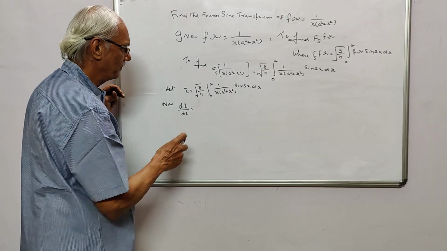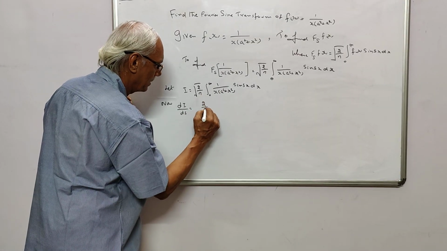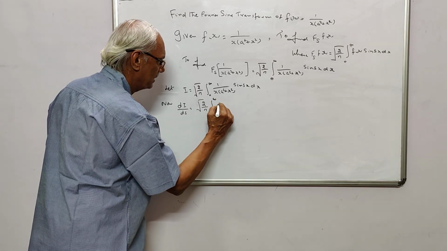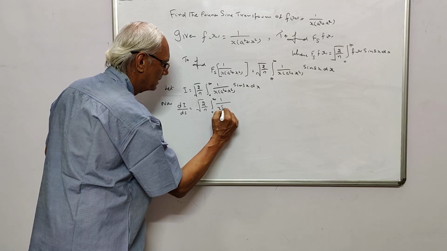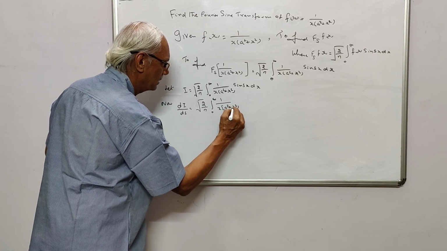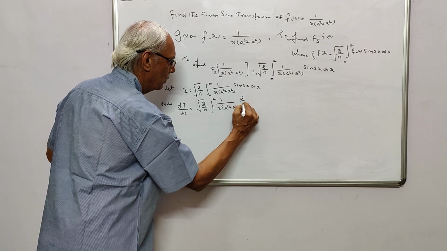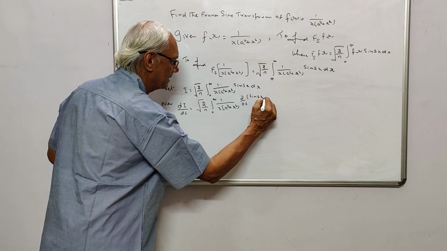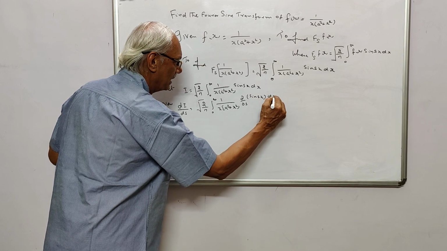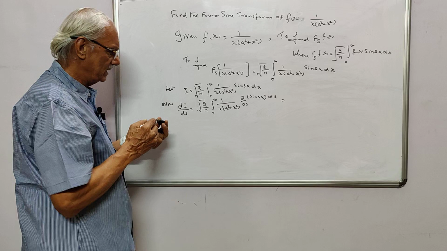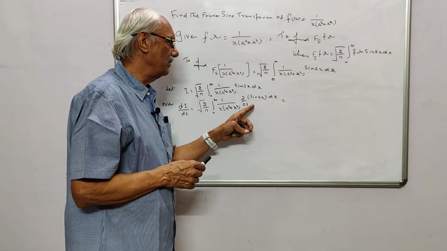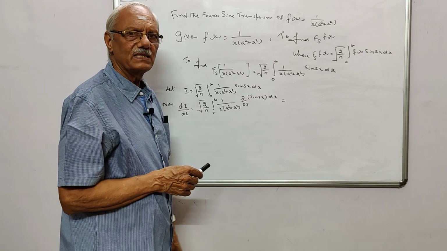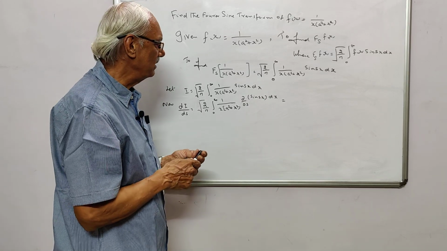So this is nothing but square root of 2 by pi integral 0 to infinity 1 by x into a squared plus x squared, del by del s of sine sx into dx. This is partially, we derive it partially with respect to s, because this is a function of s and x, and therefore what is that you will get here?